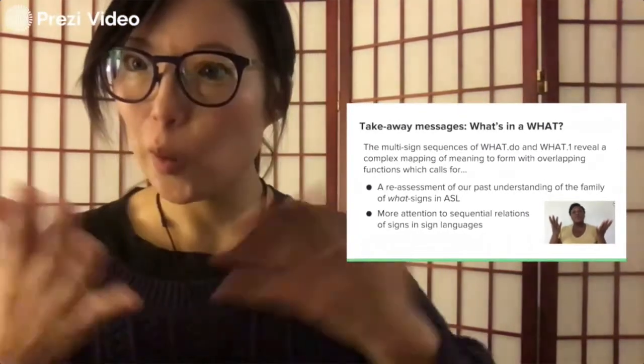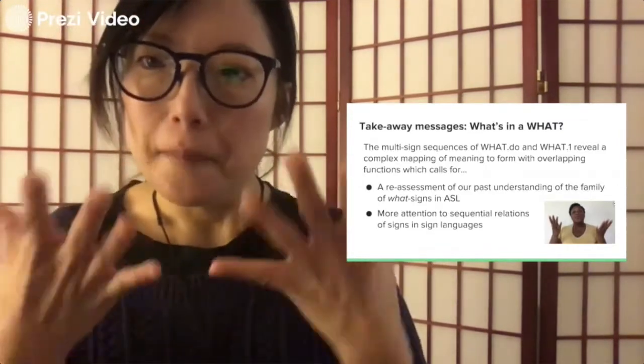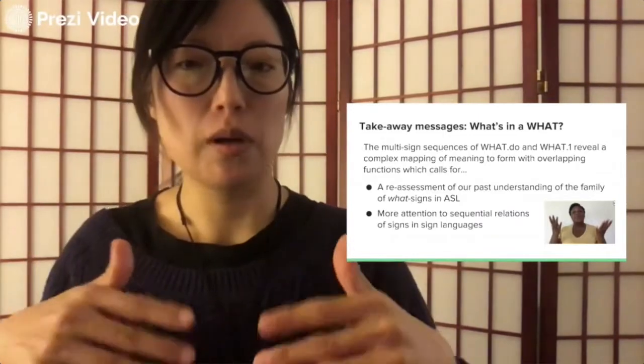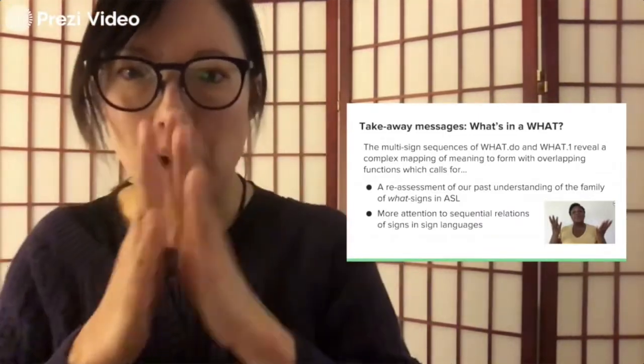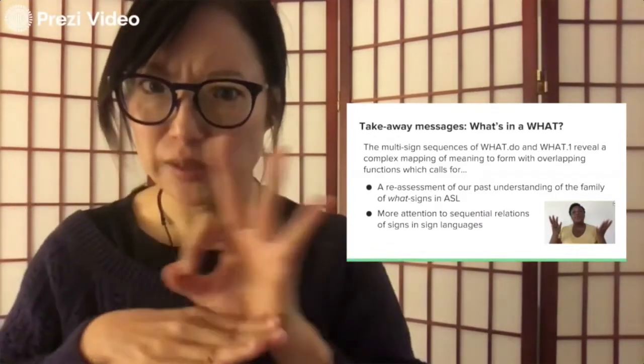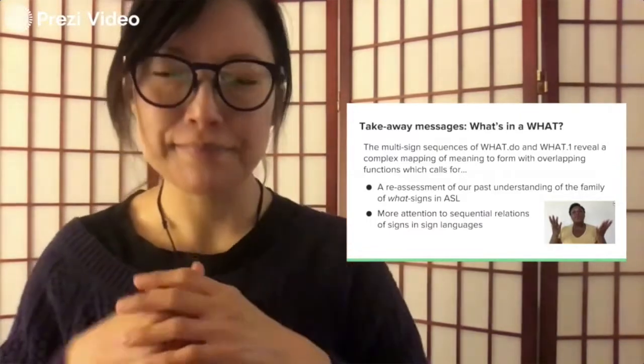The takeaway message for what's in a what is that multi-sign sequences of what do and what one reveal a complex mapping of meaning to form with overlapping functions. And that calls for two things.